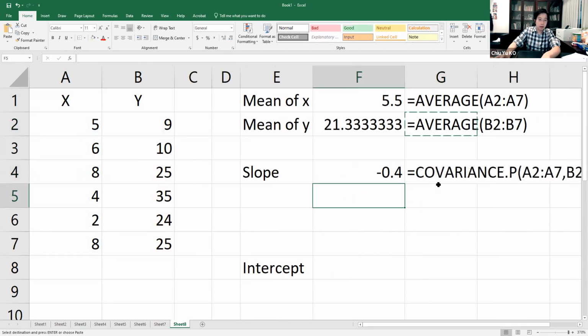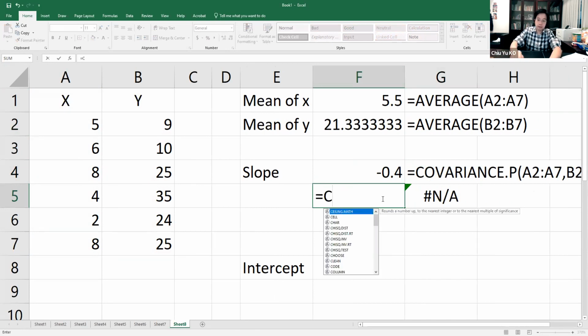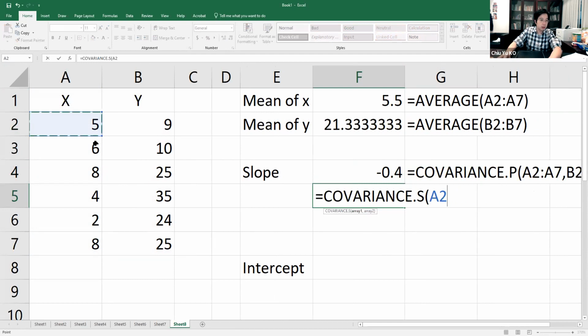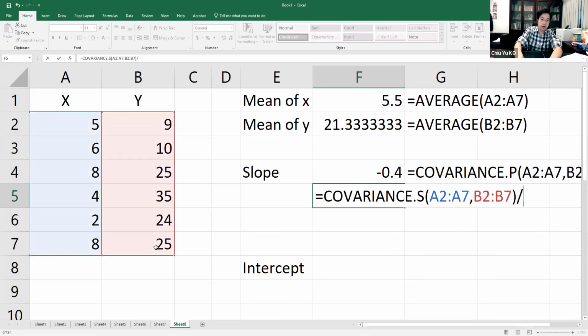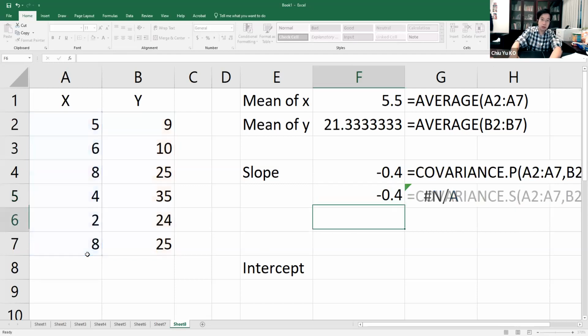And of course, you can also use covariance S over variance of S. Okay.